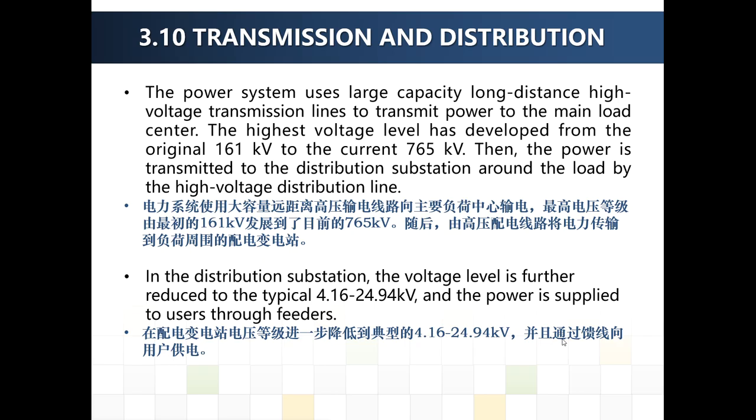Power is transmitted by high voltage distribution lines to distribution substations around the load. In the distribution substation, the voltage level is further reduced to a typical 4.16 kilovolts to 24.94 kilovolts, and the power is supplied to the users through the feeders.